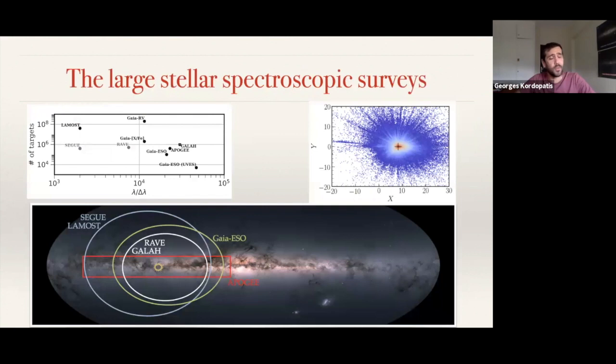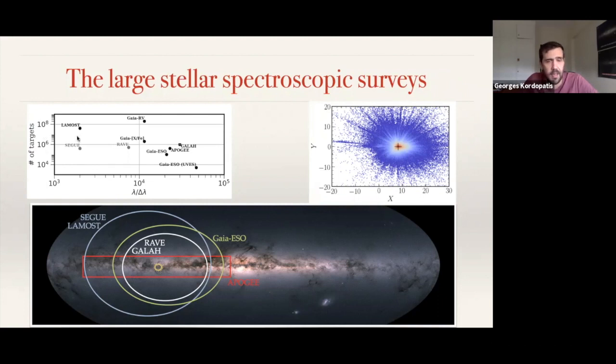In order to answer those questions, I have used, of course, the Gaia data, the astrometry, but more specifically I have used the ground-based spectroscopic surveys for which we have metallicities and abundances. Those surveys are listed here. In these summary plots you can see the resolution of the surveys and the number of targets.